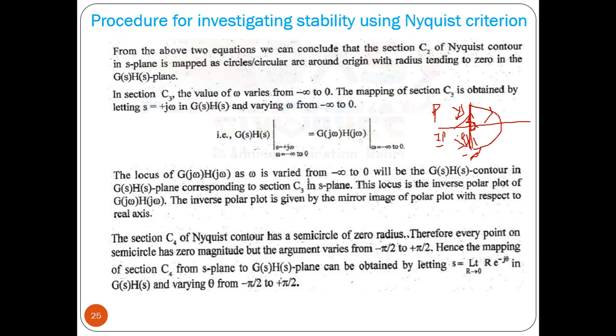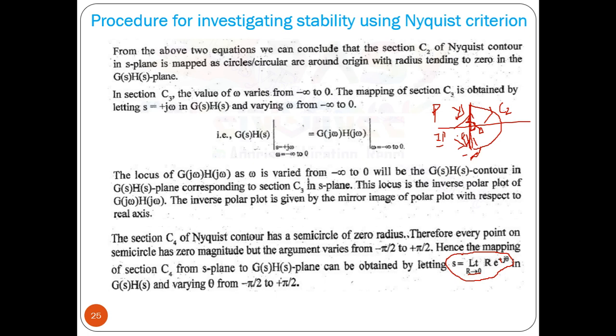Now for this part C4, the radius should be 0. So again we put s equal to r e to the power j theta, but we have to put r equal to 0 because the radius should be very small. We just have to bypass this pole location. We don't go to the infinity range, unlike the C2 path where we go to infinity.